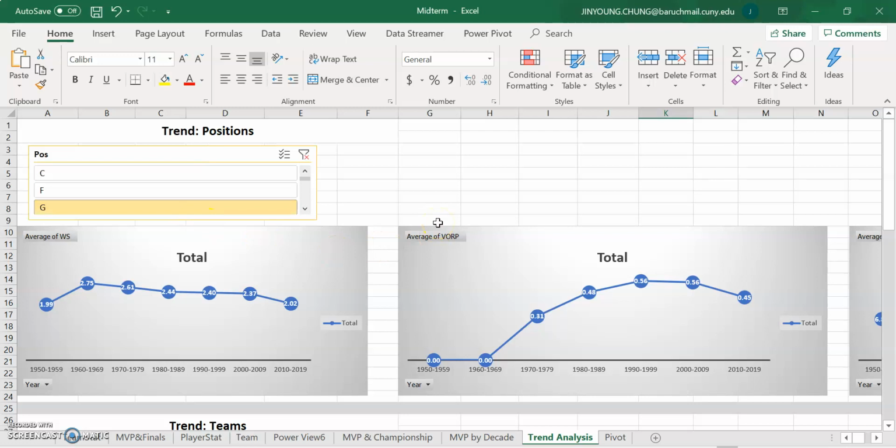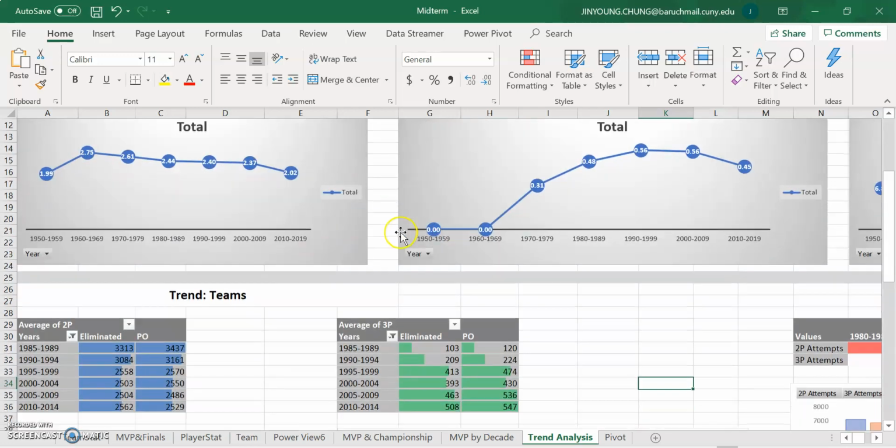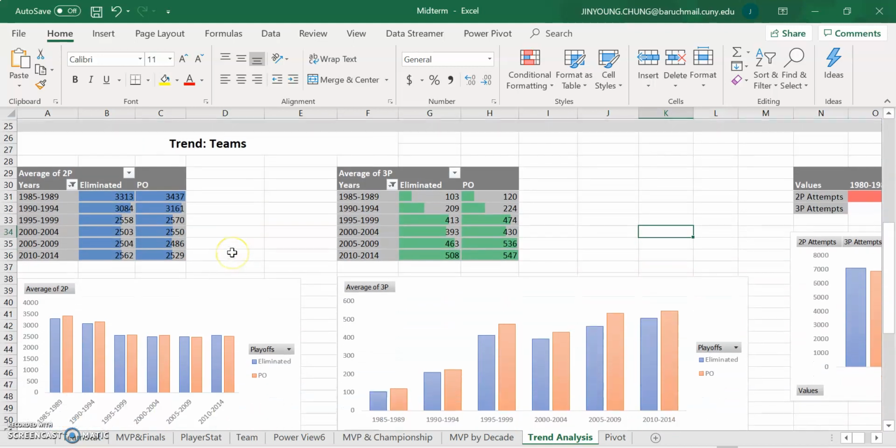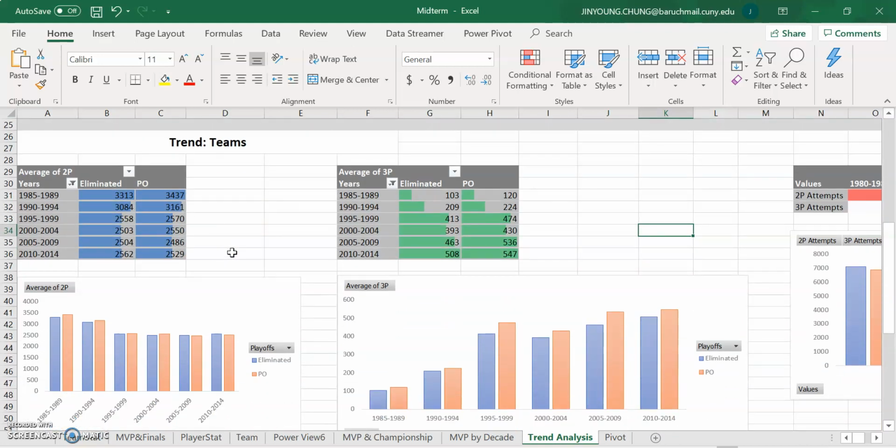In addition, to analyze the trend of team offense, I created a pivot table with data bars and a bar graph showing the difference in average 2 points made and 3 points made of teams that were eliminated in the playoff race and teams that made it to the playoffs. The overall trend is that 2 points keep decreasing, while 3 points keep increasing.